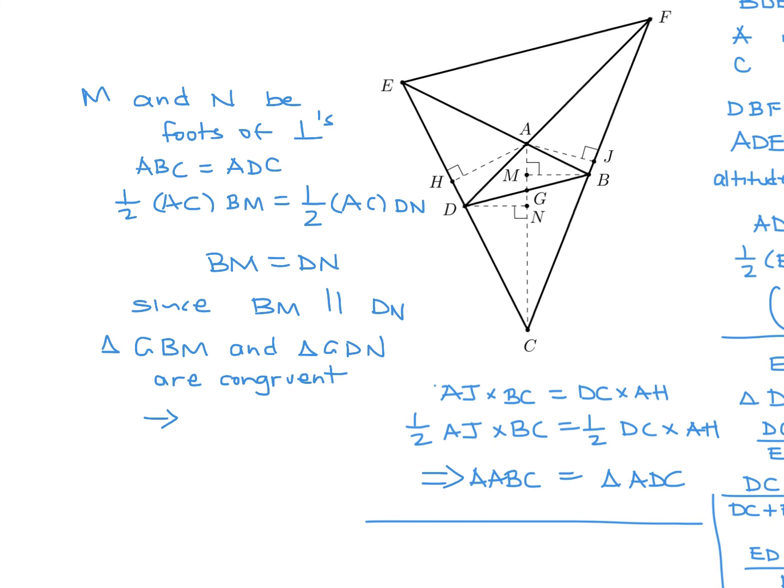And since they are congruent, we can conclude that DG is equal to GB. And that therefore proves that G is the midpoint of the line BD.